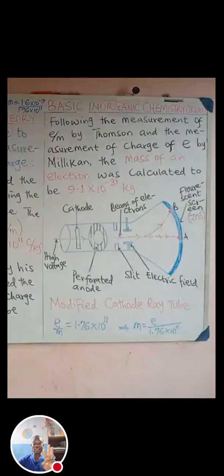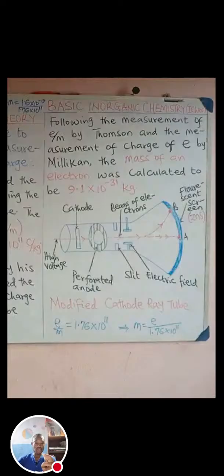There are 3 forces actually acting in this tube. We have the centrifugal force, the magnetic force, and the electric force. These 3 forces can be resolved under a condition of equilibrium. When they balance, we can resolve it to calculate the velocity of the electrons in this cathode ray tube. That can help us know what the velocity of an electron is whenever it is moving in a given field.